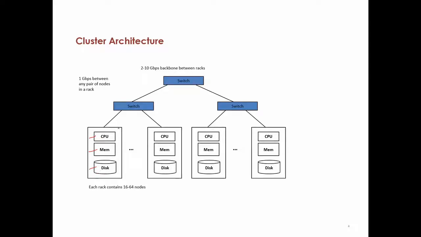And there will be multiple such machines, which will typically be in the same rack, and they will be connected by a switch. And then there may be multiple such racks, each with their own switches, which may be connected by a faster switch. So this is a typical data center architecture.